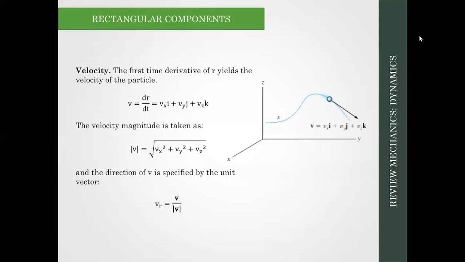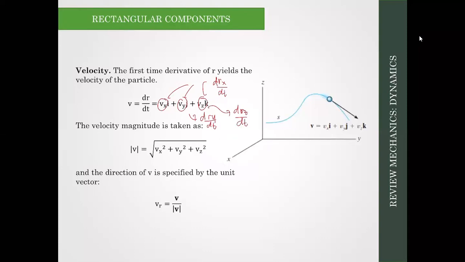The velocity vector is Vx i, Vy j, and Vz k, wherein Vx, Vy, and Vz mean that we derive the x position with respect to time, then the y with time, and then the z with time.